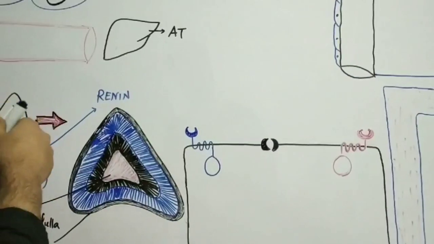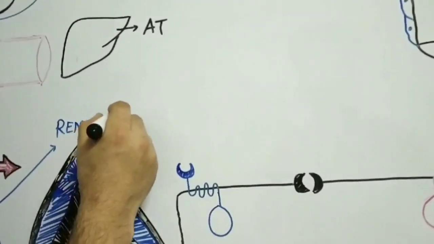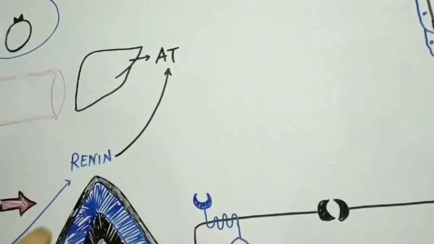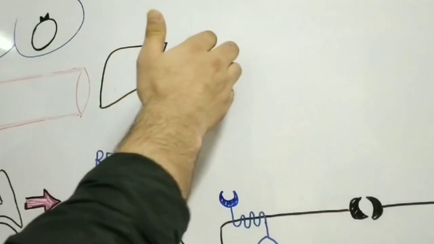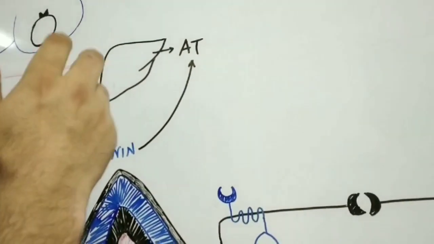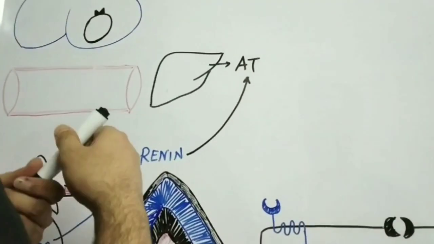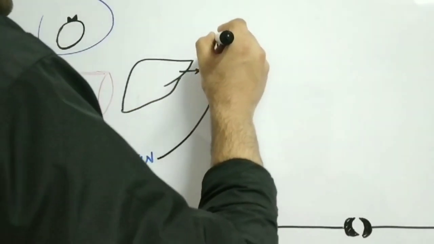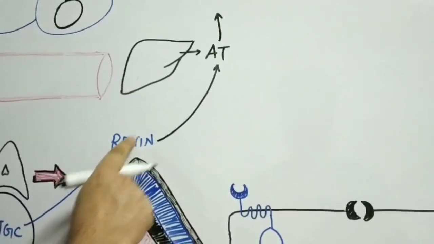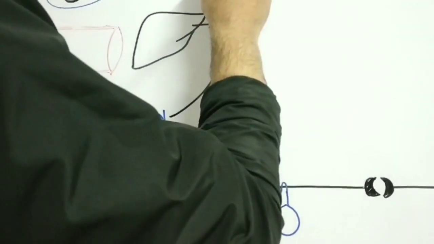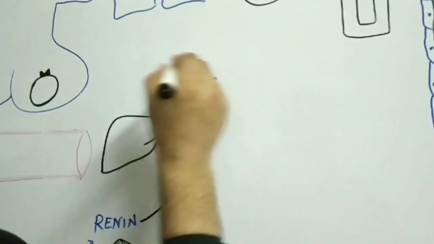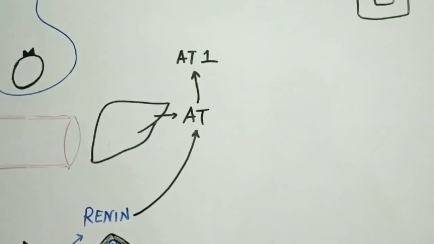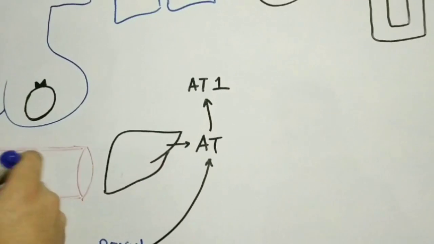This renin goes and acts on it, and converts angiotensinogen into angiotensin 1.